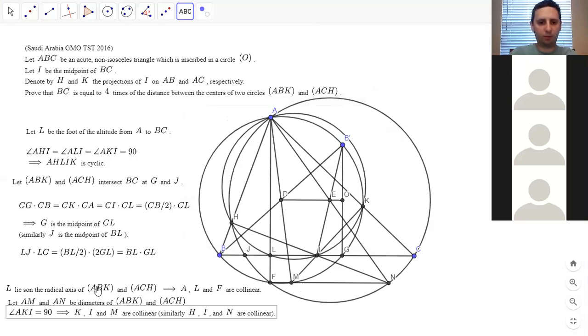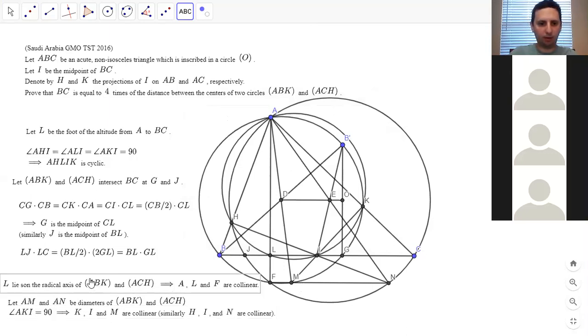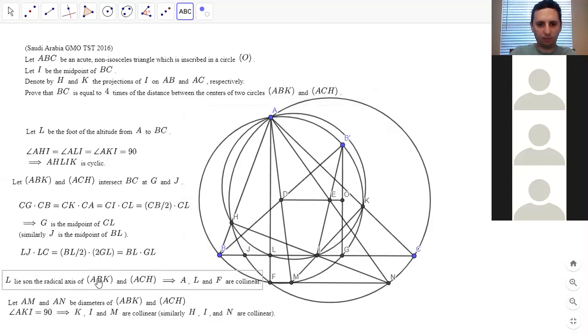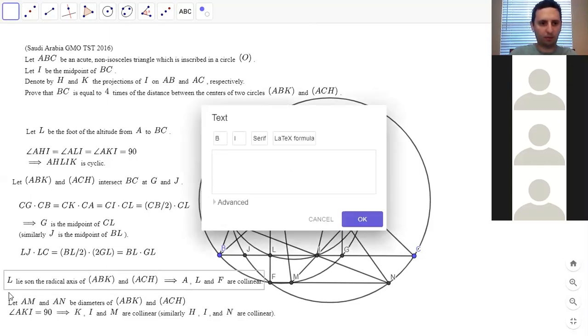Well, yeah. So first of all, we know that DE is parallel to BC after this step.